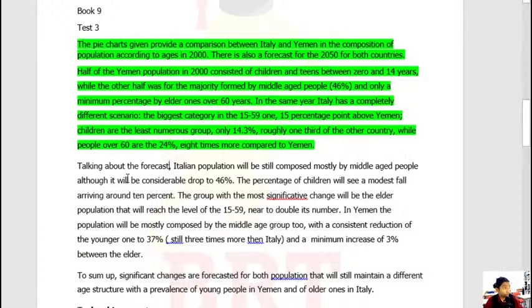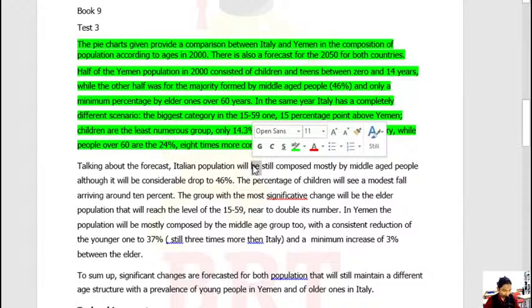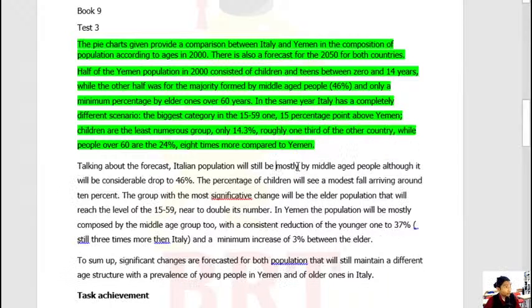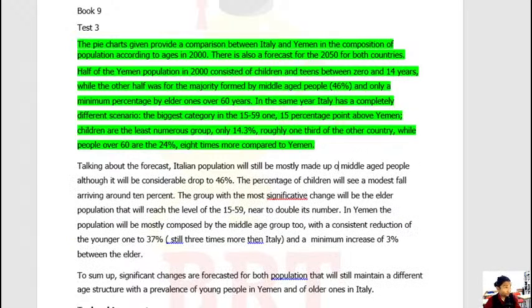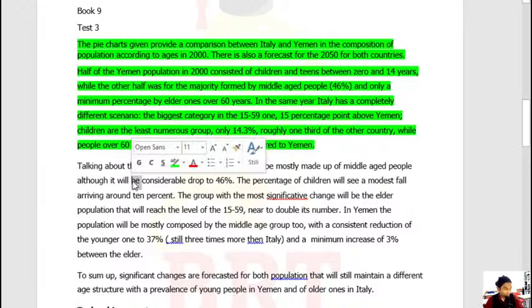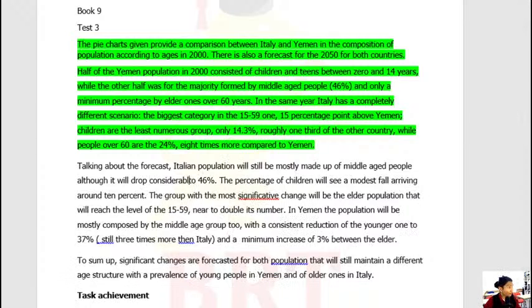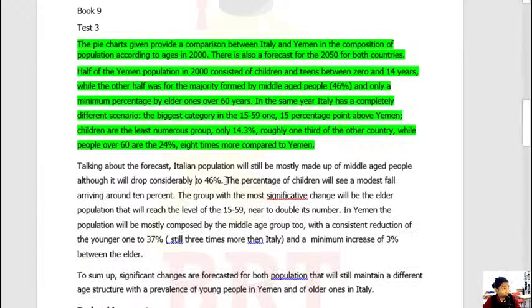Italian population will still be, again, I'm being very picky, will still be mostly made up of middle-aged people, although it will drop considerably to 46%.